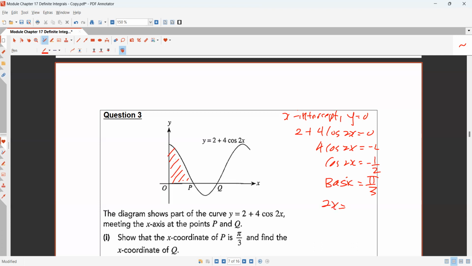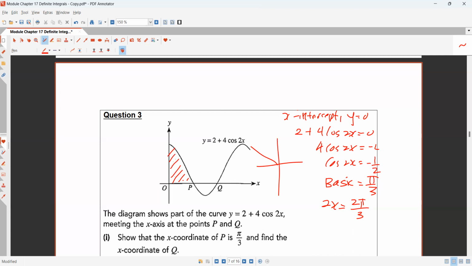Second quadrant means pi minus pi over 3, you get 2 pi over 3. Okay? This is in the second quadrant already.